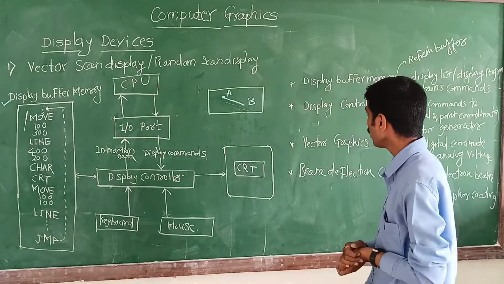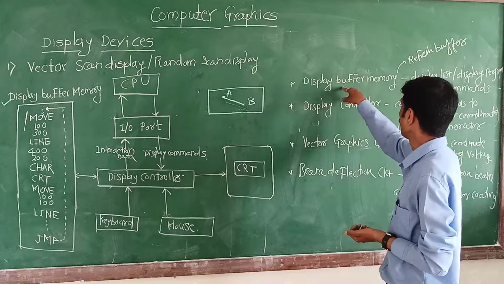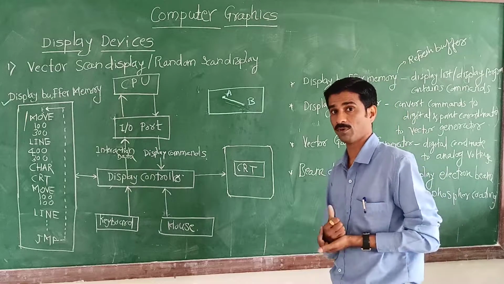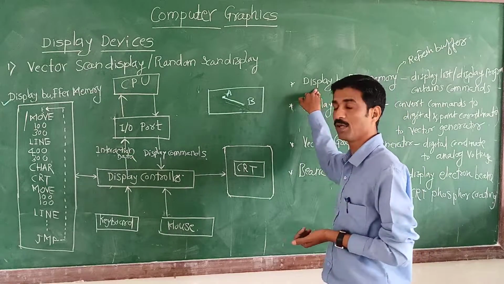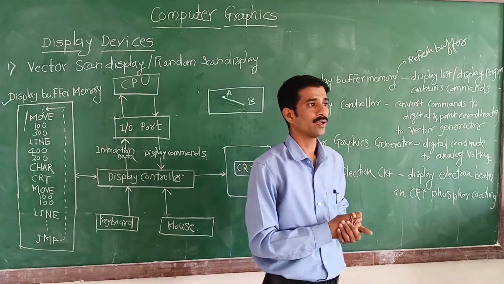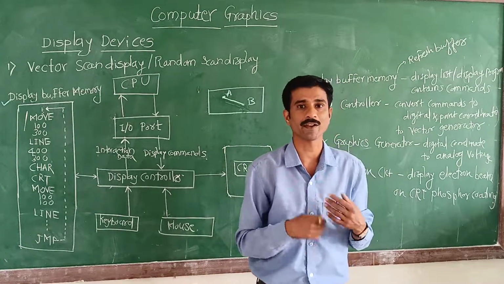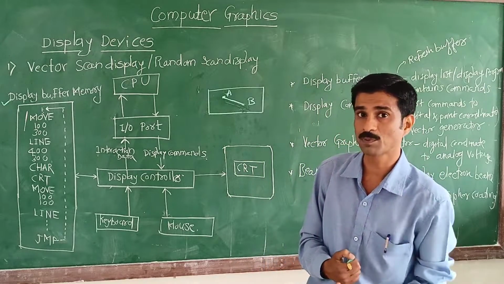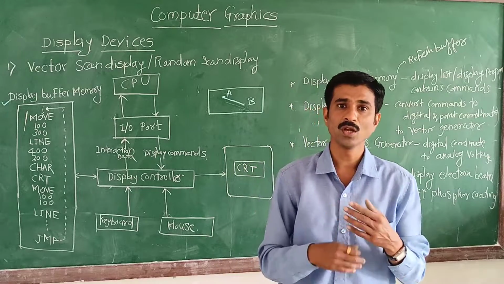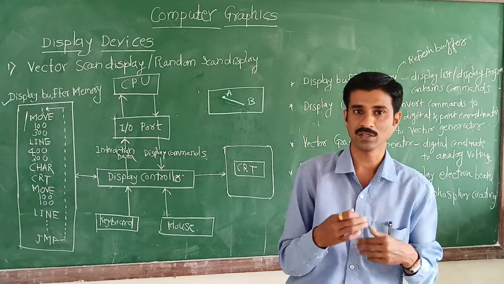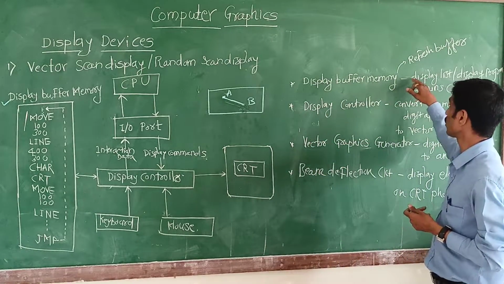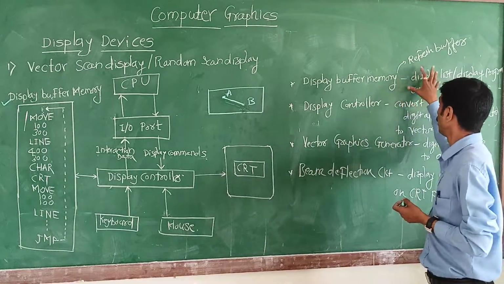Display buffer memory is also called a refresh buffer, because it is continuously refreshing; if you want to display any image, it should be continuously refreshed. So this is called the refresh buffer.